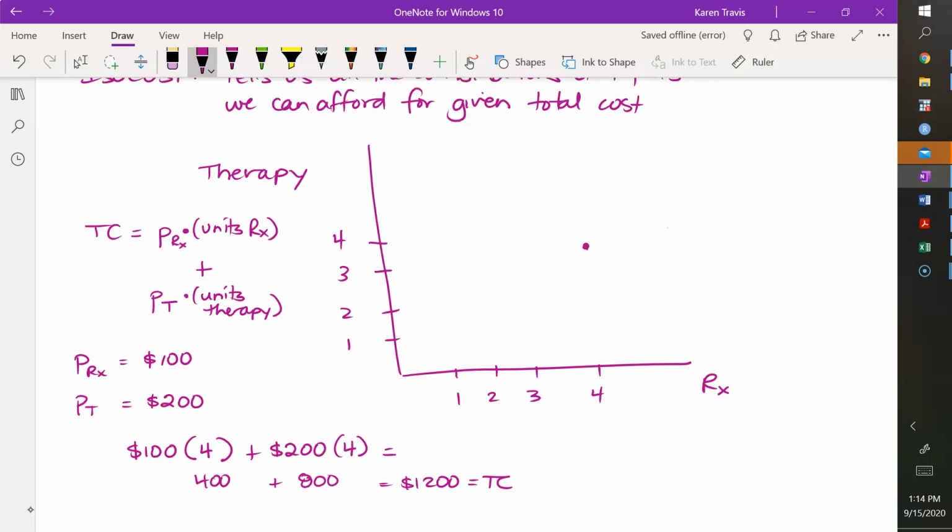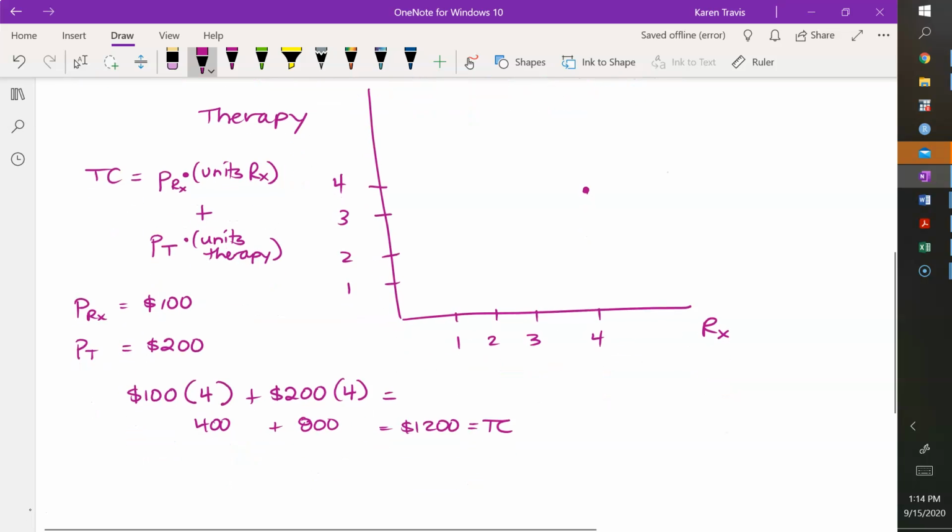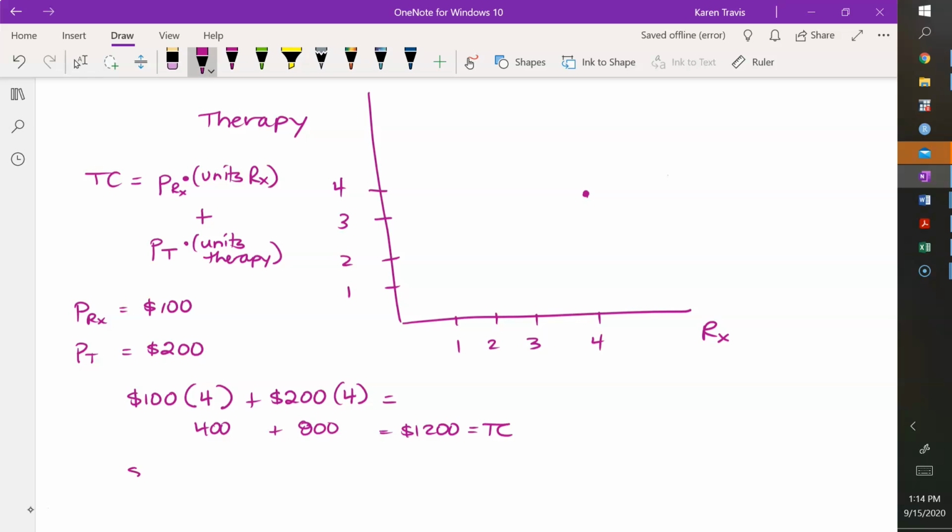Now let's think about another point that would also yield $1,200 in total cost. So let's suppose we changed it so that we use 3 units of the therapy, and that's only $600 this time.